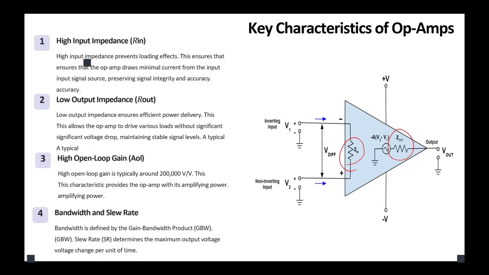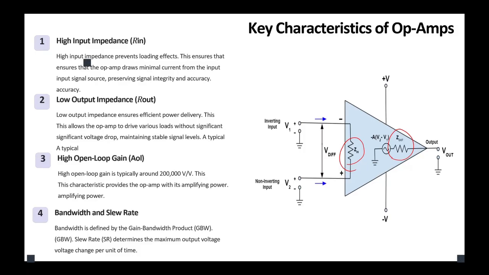It can get as high as 200 thousand as the open loop gain. With such a high gain, even a tiny voltage difference between the input terminals can produce a large output. But remember, in a real circuit, we use feedback to control this gain. Okay, this is open loop gain.